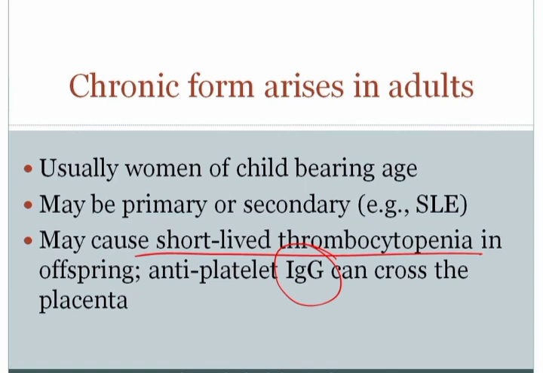Of course, that would be short-lived because eventually the antibodies would be consumed over time, and then there would be no more IgG antibody once the baby was born. But it is important to note that women who have the chronic form or the long-standing form of ITP can have short-lived thrombocytopenia in their offspring.